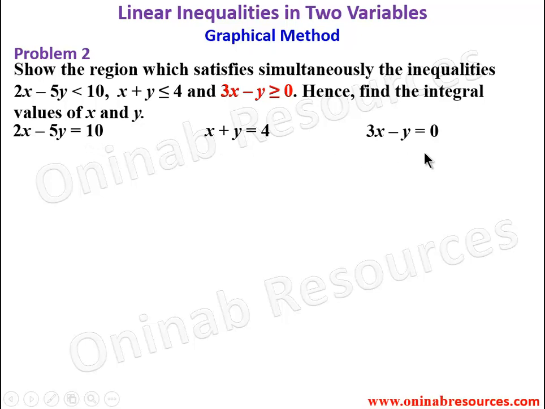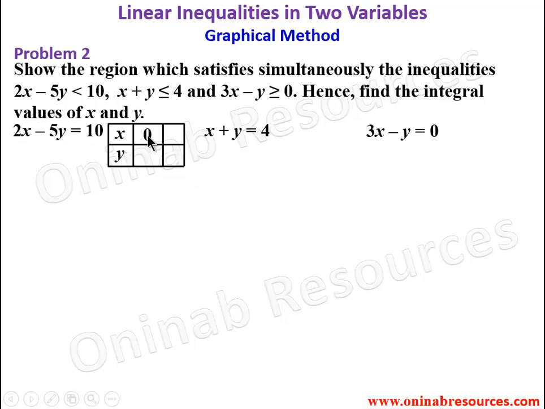So we now create the table of values for each of the equations we have here. For the first one, we have the table. This is x, y, and we are still going to apply the intercept concept to get the 2 points and draw the straight line.